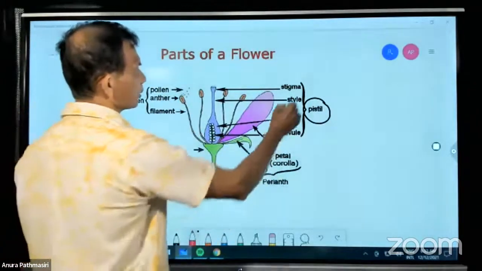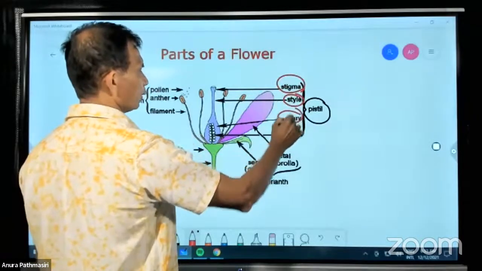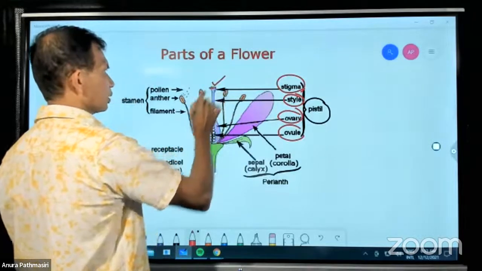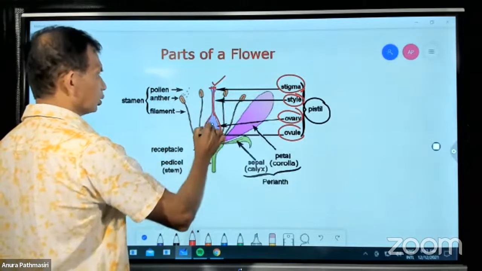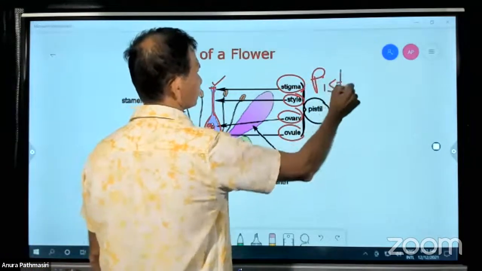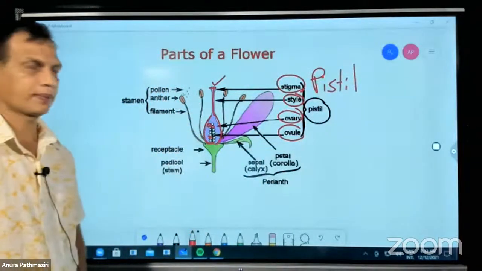Pistil means a stigma, a style, ovary and ovule. That we call pistil, P-I-S-T-I-L.